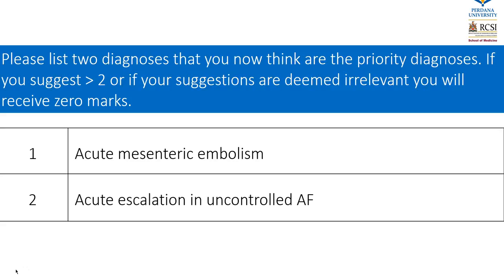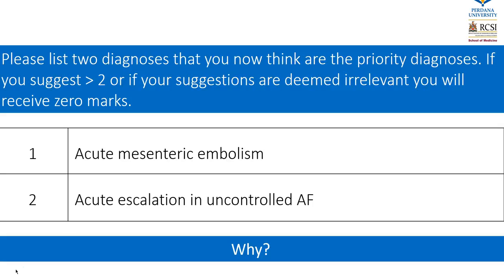The diagnosis suggested here would be acute mesenteric embolism and an acute exacerbation of uncontrolled atrial fibrillation. Why? There's a history that a few days before she was holding her abdomen and seemed to be more distressed than usual. We know she has rapid AF, her heart rate was 120 and it's still in AF, that's uncontrolled.